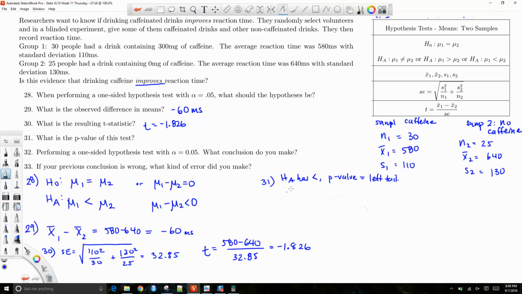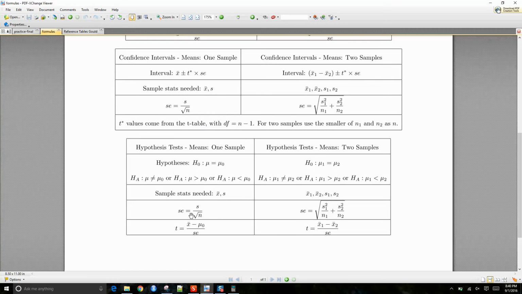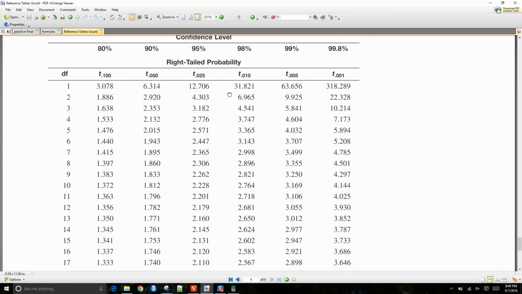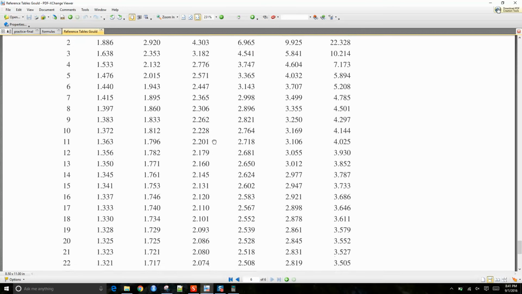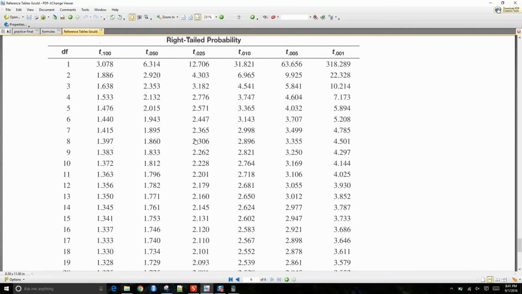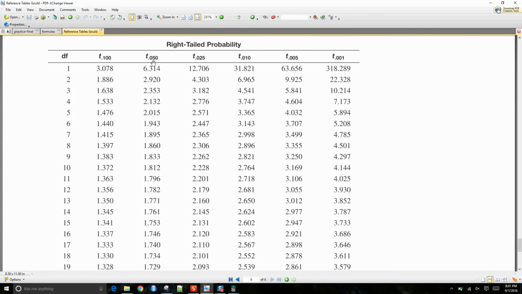Okay, we're going to use degrees of freedom what? N minus 1, so we're going to have 24 degrees of freedom because we have two n's, we're going to use the smaller n. So we go to 24 degrees of freedom, and we're going to look up 1.826. Okay, it's in between these two columns, which means our corresponding left tail is in between 0.025 and 0.050.